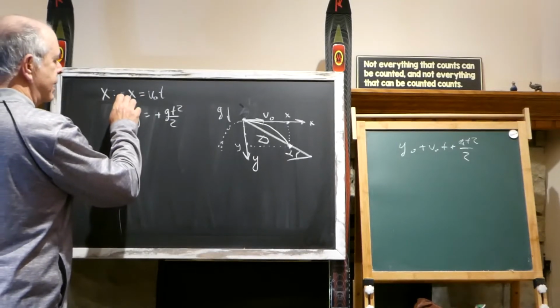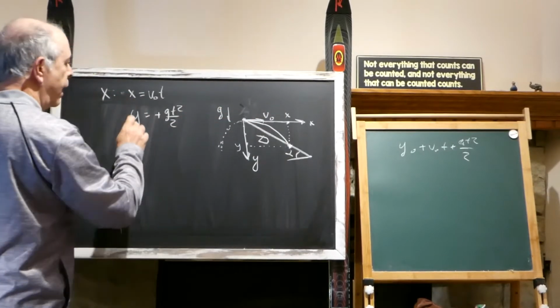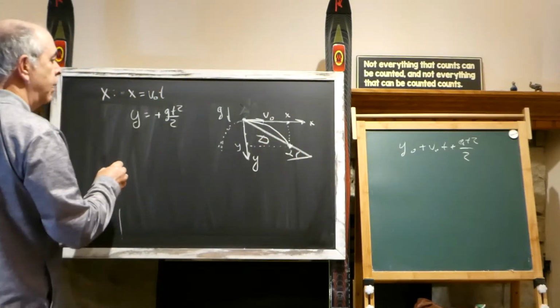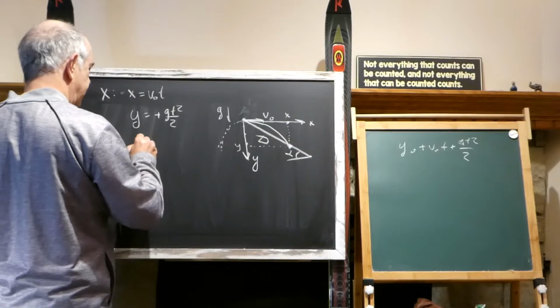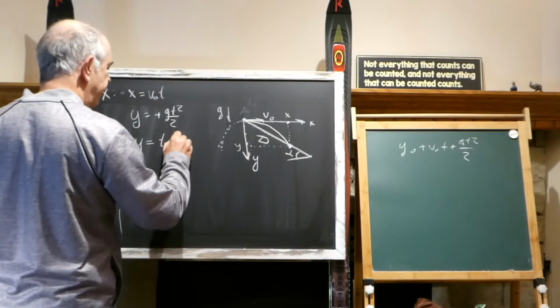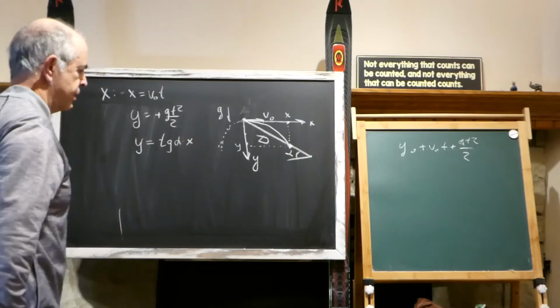So I want to say that x is this, y is this, and they also belong to this line. And what does that mean? That means that y equals tangent alpha multiplied by x.